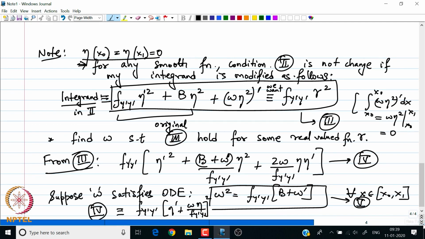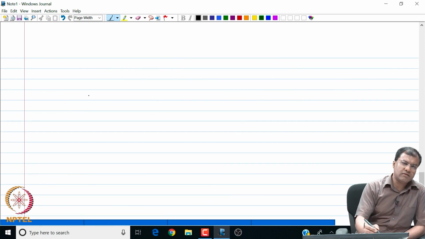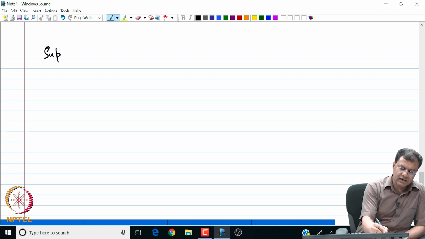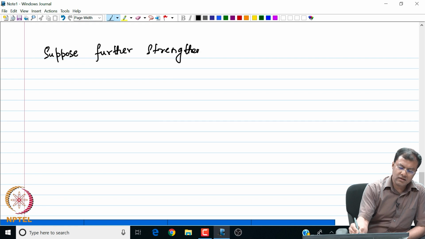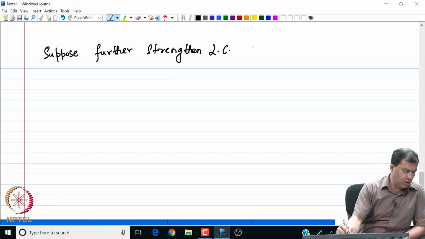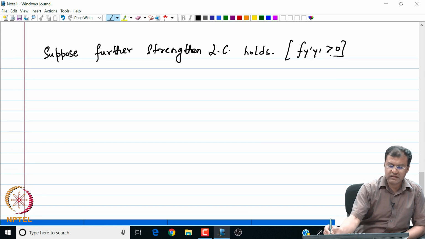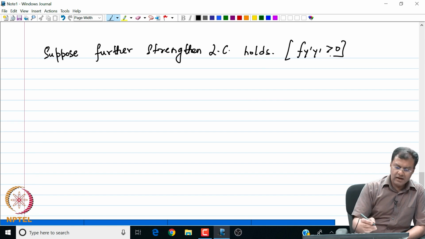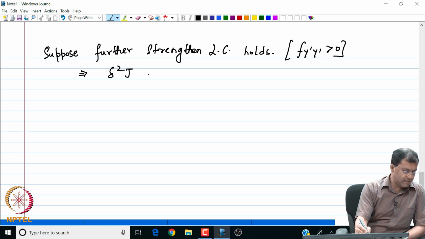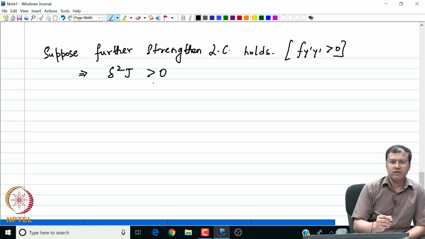And on top of that, suppose further we have the strengthened Legendre condition holds, that is f of y prime is strictly greater than 0, right. Then it implies that del square j comes out to be strictly positive, right away.